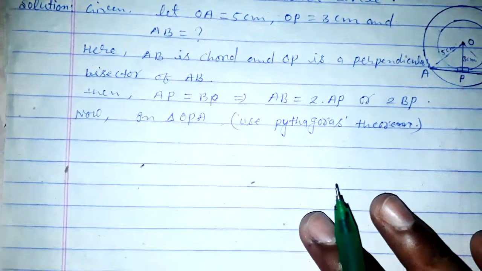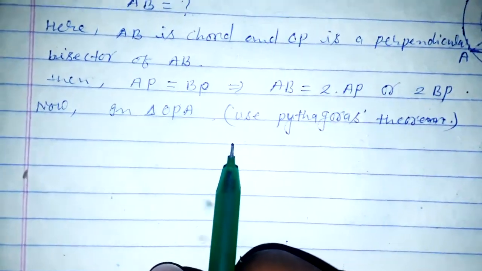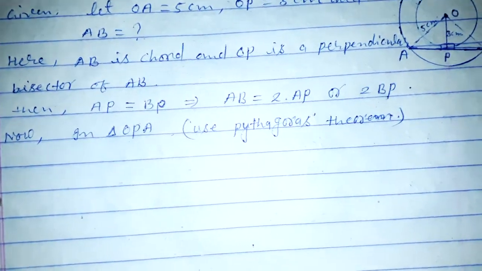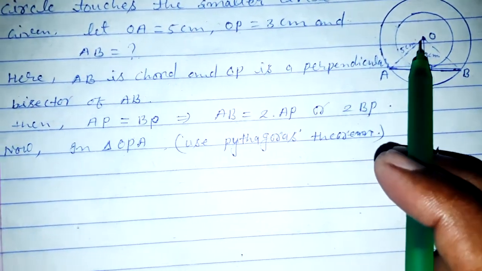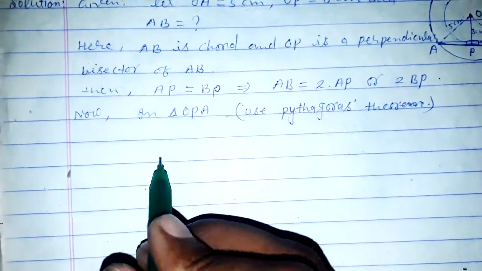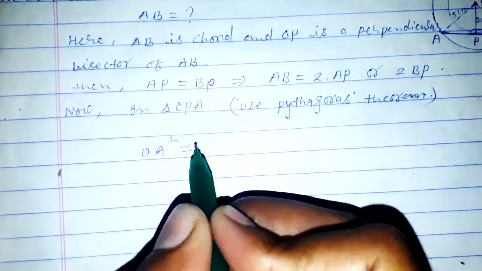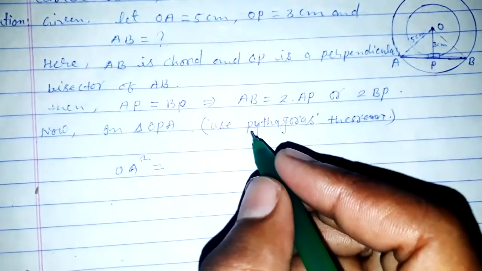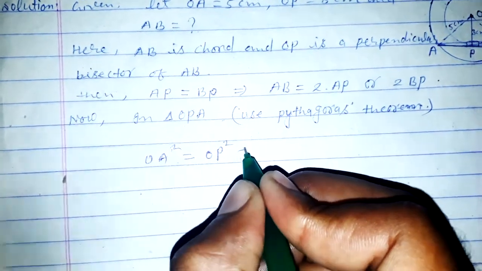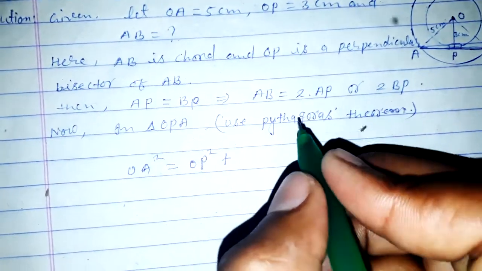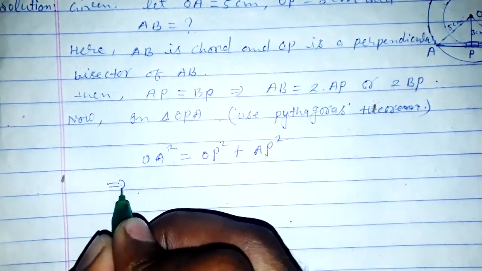Now use the Pythagoras theorem in triangle OPA. OA is the hypotenuse. So OA square is equal to OP square plus AP square.